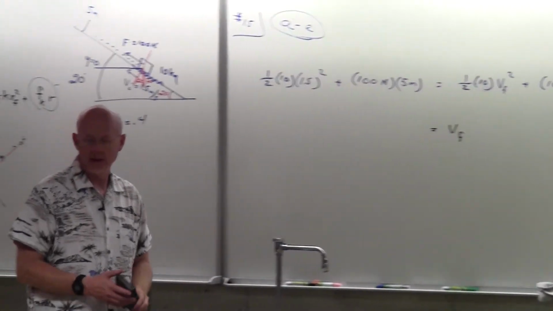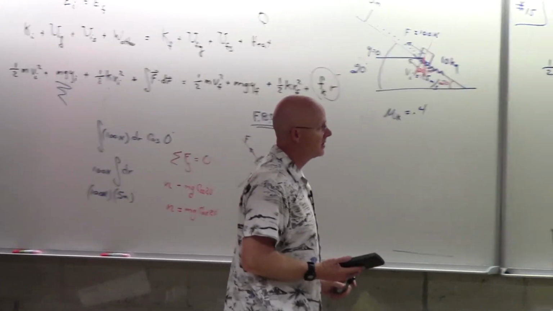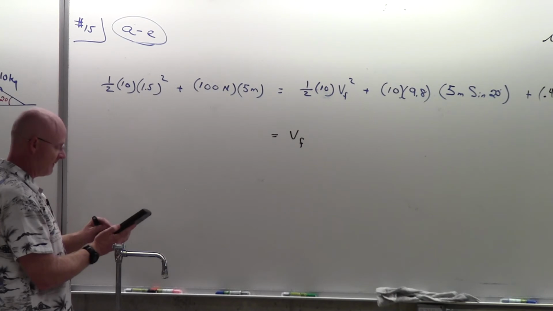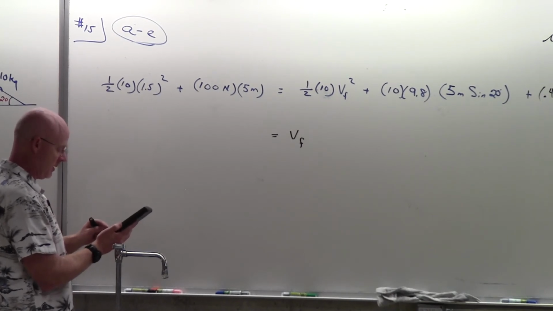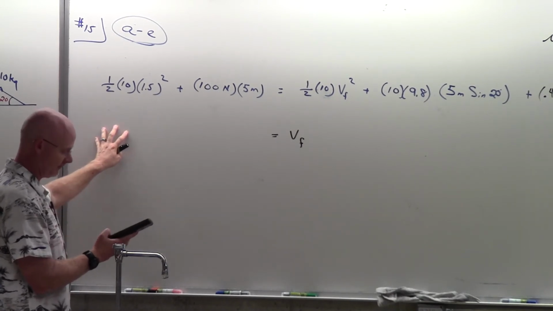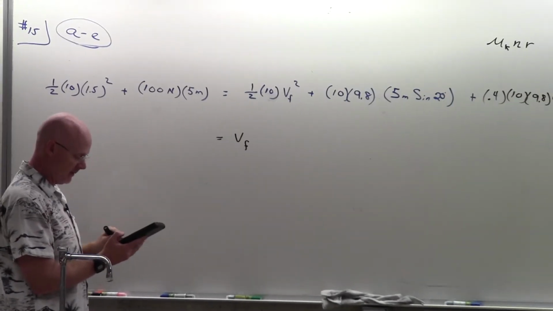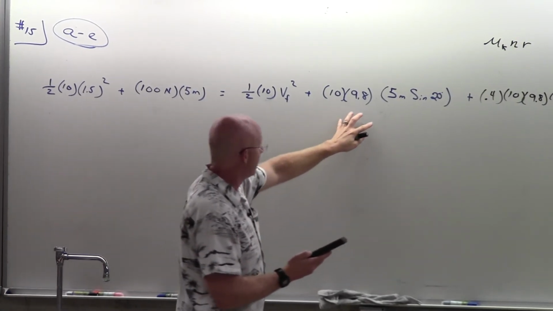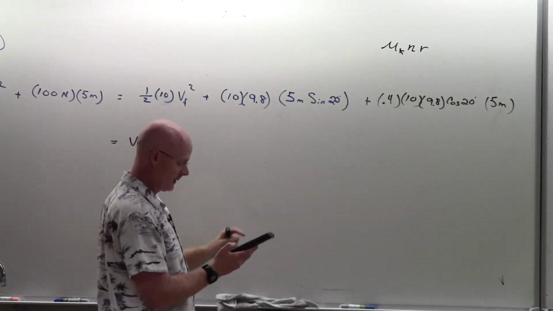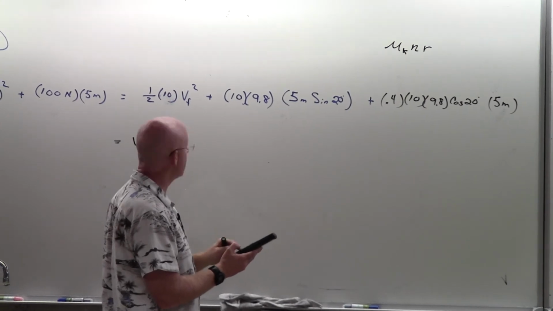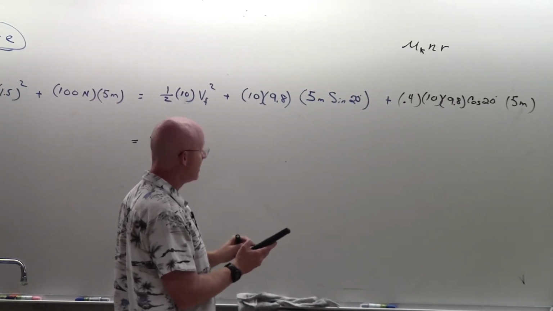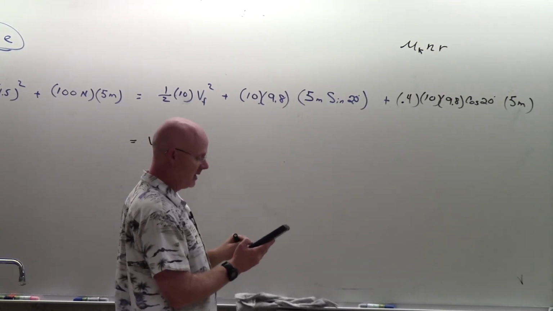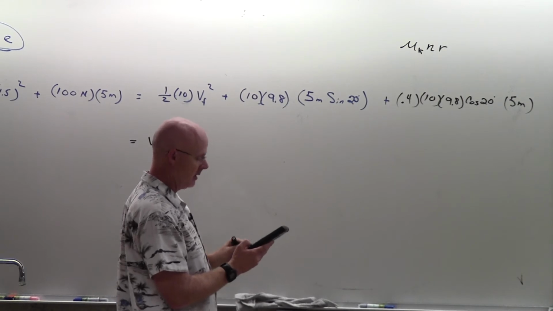What is the final speed? And so I'm going to take this first term, which is 1/2 times 10 times 1.5 squared, and add to it 500. I'm going to subtract 10 times 9.8 times 5 times sine of 20.